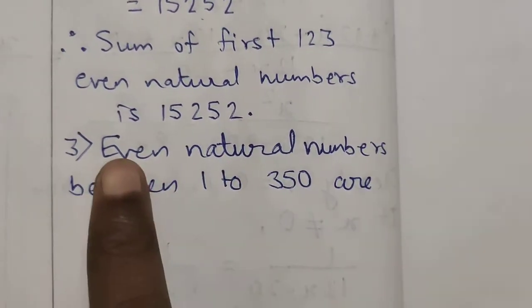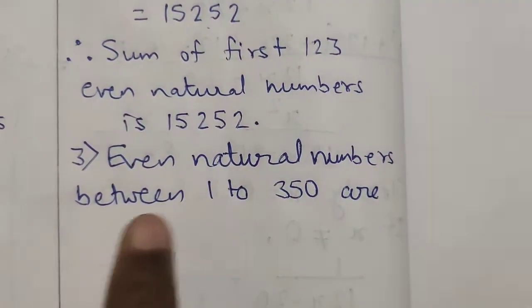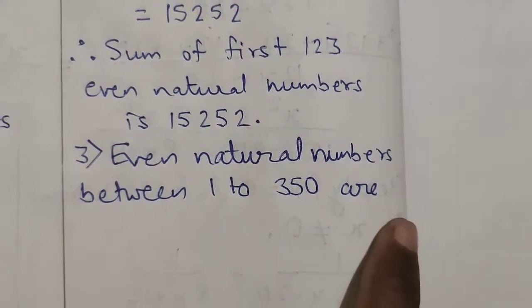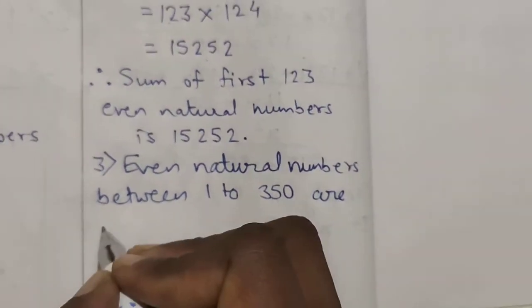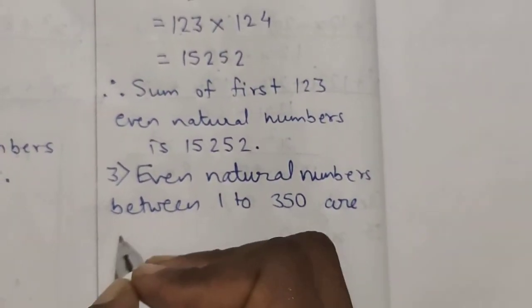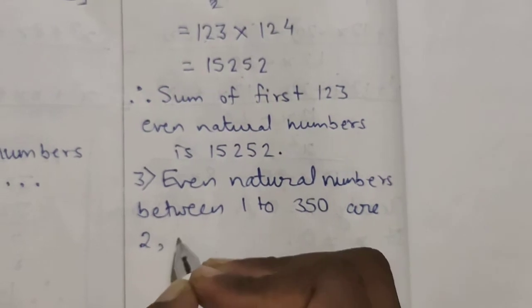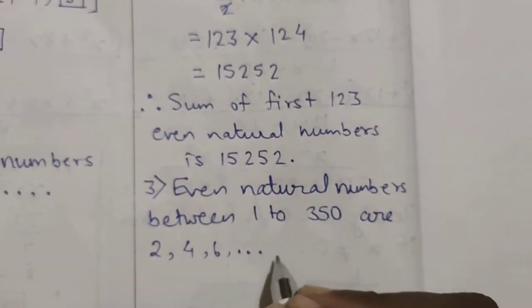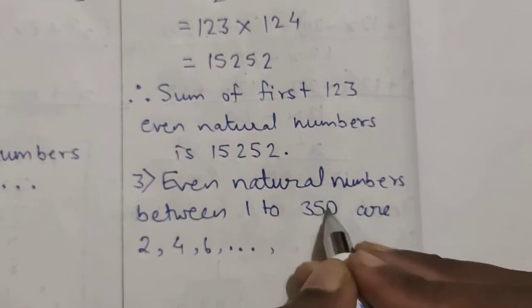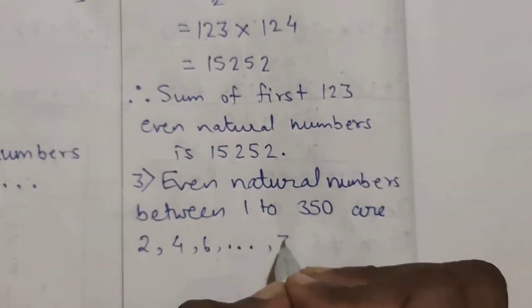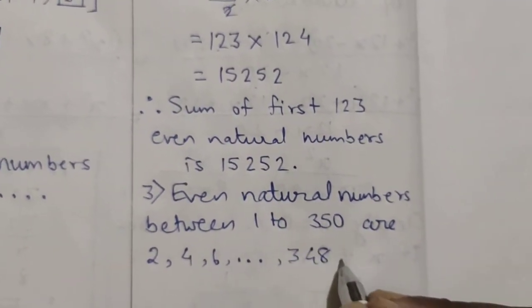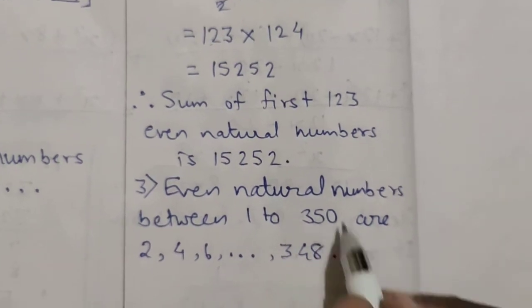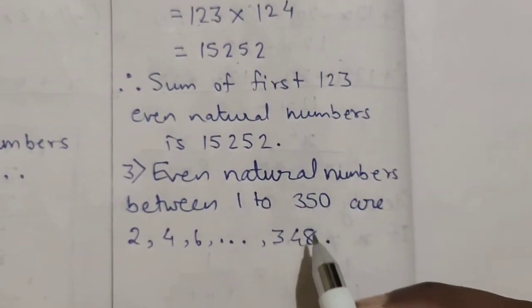First thing is, what? You have to write even natural numbers between 1 to 350. So if you ask me, between 1 to 350, there are numbers 2, 4, 6. In this way your numbers will go. And between 1 to 350, before 350 you are having 348 only, because between is there, so you cannot include this 350.